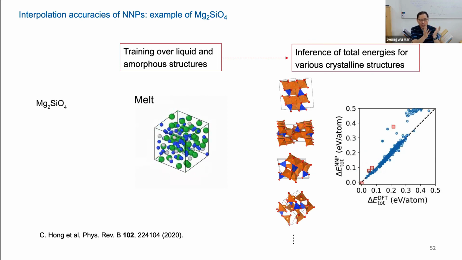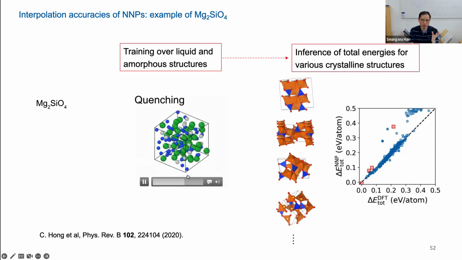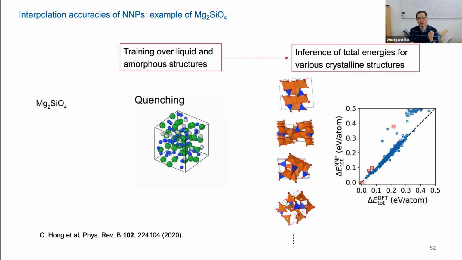The configuration around a certain atom actually resembles the configuration in the actual crystal structure. Therefore, by providing data on these disordered structures, you may get a very good machine learning potential for describing the energy of possible configurations.